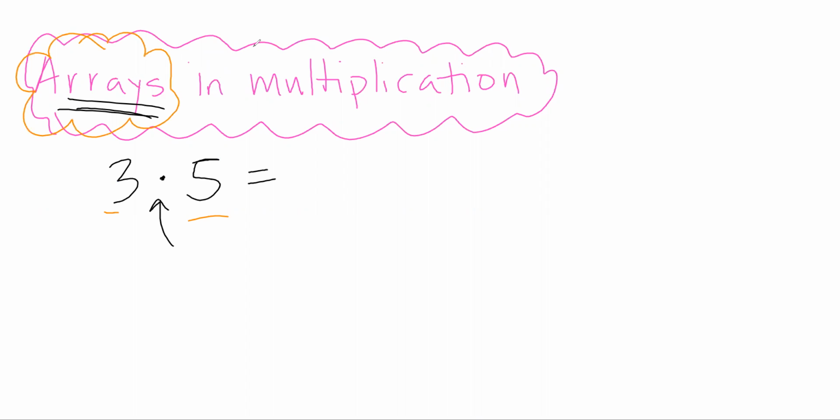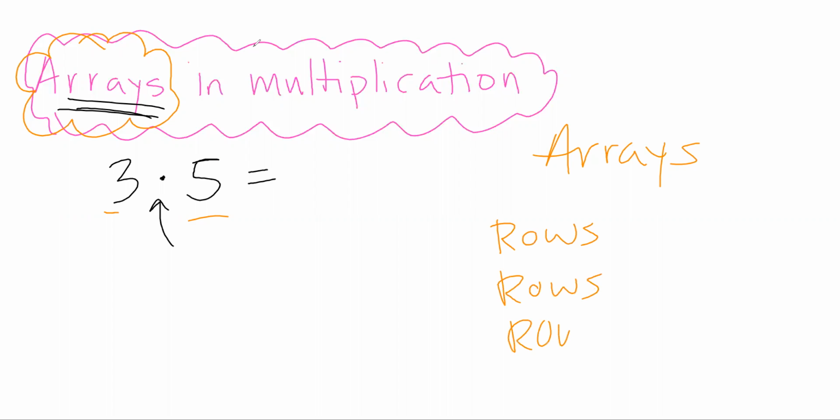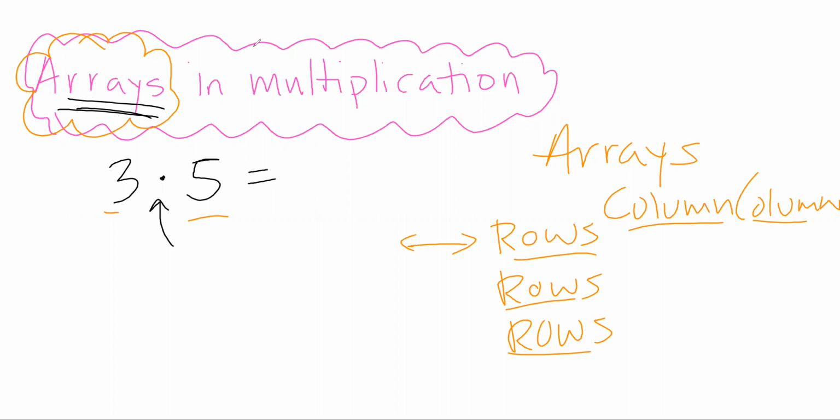When we're talking arrays, we're really just talking about this idea of having rows of things, rows, and columns, right? So this idea that you have something like a row that goes left and right, and a column that goes up and down. So it's really about organizing this work into a model that would make sense.